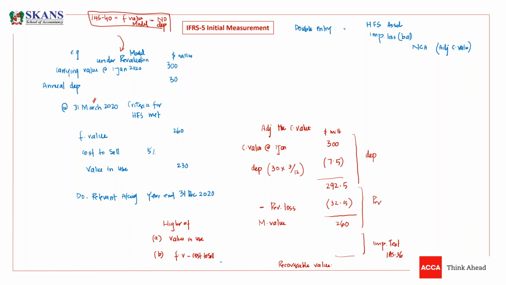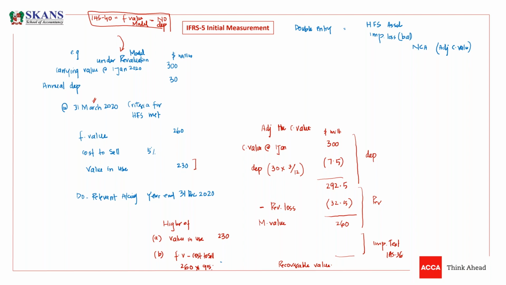So please do let me know what the value in use is. Value in use given is 230. But what is the fair value less cost to sell? Please do let me know. We have fair value 260. 260 minus, we need to deduct 5% selling cost, so we can take 95% of this value.